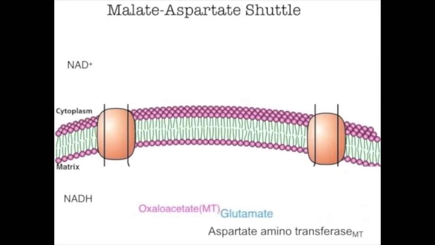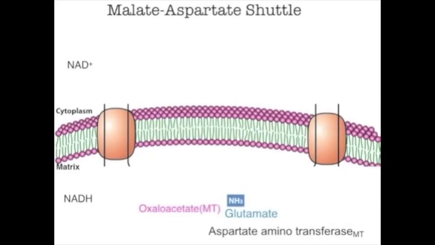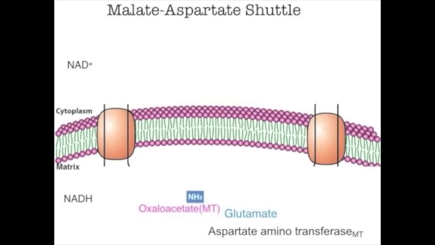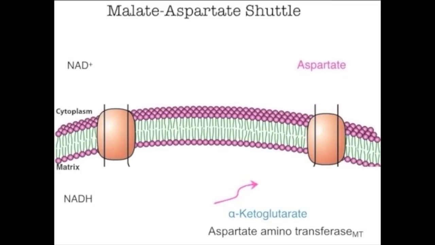And so now what we're going to do is take an amino group from glutamate and transfer it to oxaloacetate. When this happens, oxaloacetate will be changed to aspartate. There are 4 carbons in oxaloacetate and 4 in aspartate. Aspartate can now leave the mitochondrial matrix by way of a transporter.